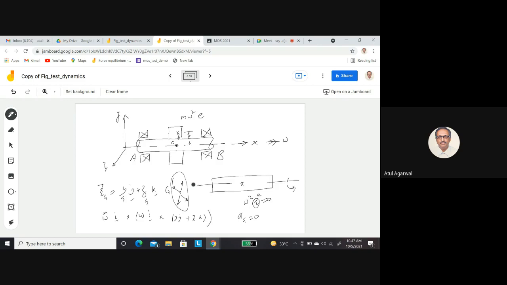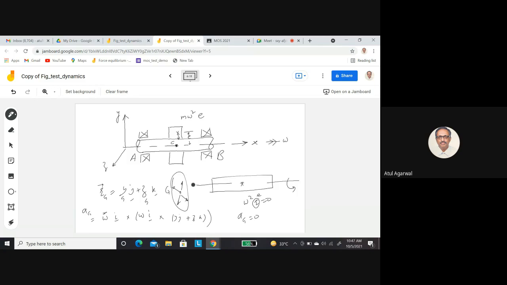This cross you have to take. This will be called the acceleration of point G. So this is a normal acceleration. You assume the shaft is spinning at constant angular velocity. So you get your normal acceleration, or total acceleration, of point G, the centroid of your disk.